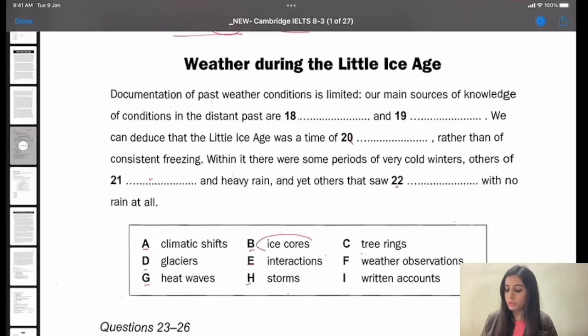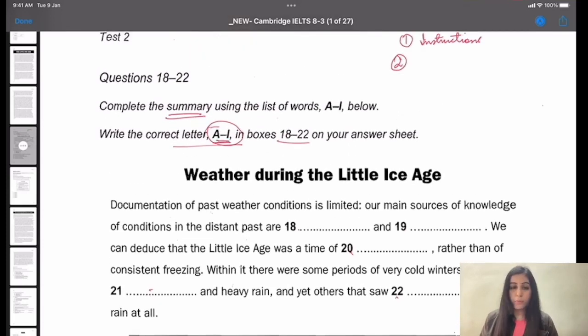You do not have to write the entire word. Is that clear to everyone? So in the actual test, please do not waste time writing the complete words. You just have to write the letter or the option, which is very clear from here. You have to write the correct letter and not the word.